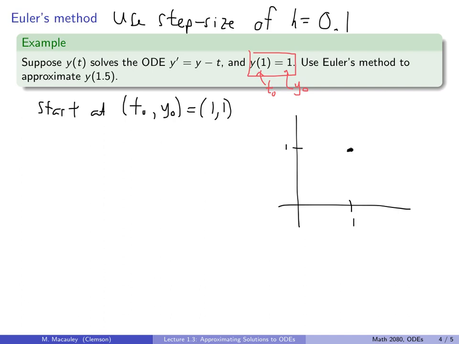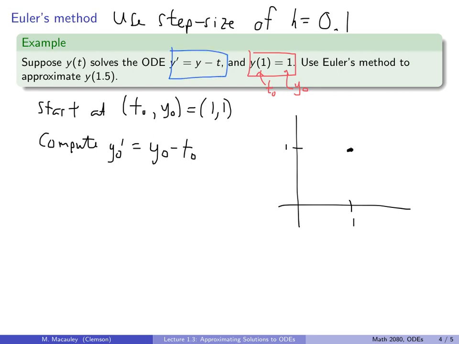So here's our robot. The first thing to ask is, what's the right direction? In other words, what is y prime? What is the slope of the tangent line? So we have to compute y prime. We compute y naught prime, which is y naught minus t naught. Where did I get that from?